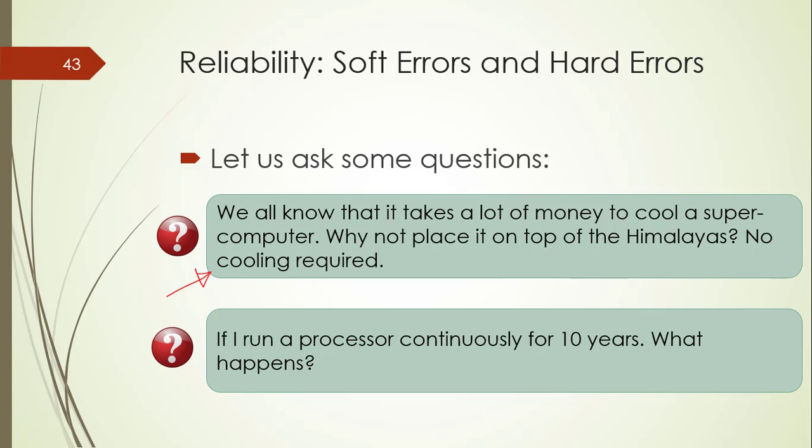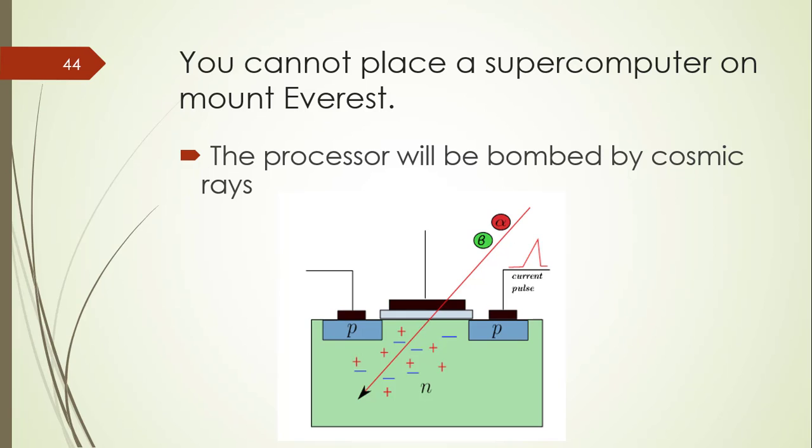Unfortunately, I cannot run a processor for 10 years, or if I have 1000 processors, I cannot run them continuously for 10 by 1000 years, which is 1 by 100 years, which is 3.6 days. The reason is that there will be a problem. Most processing units are bombed by different cosmic particles.